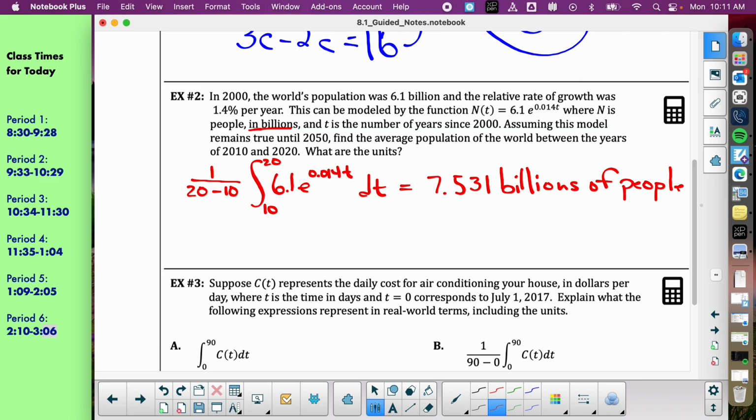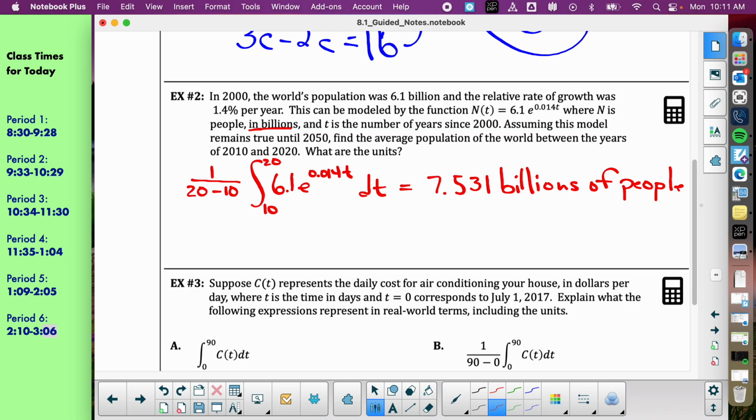If I had to find the C value, how would I find it? This one doesn't ask for it, but the C value would basically be asking at what specific point, in what year, would the current population be 7.531 billion. The 6.1 equation equal to the. Perfect. You would set the equation that we integrated equal to 7.531, and that would undoubtedly be in the calculator portion of the test.